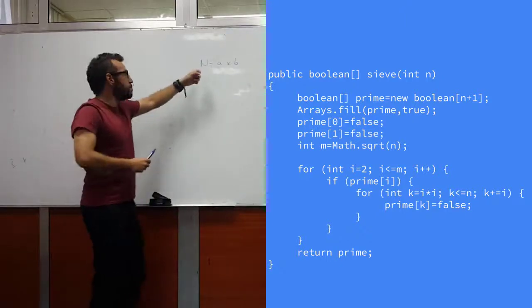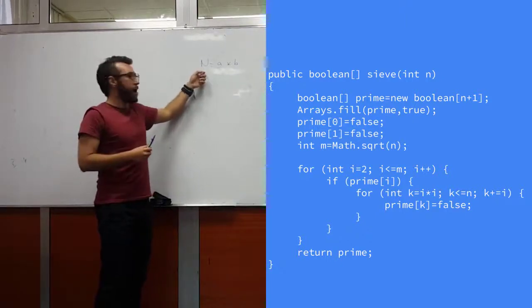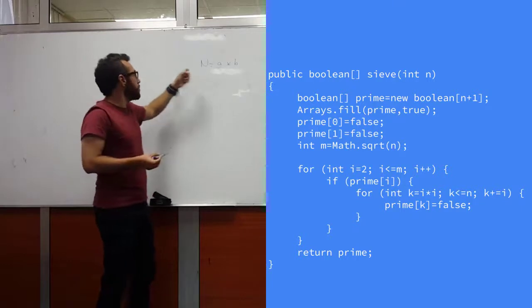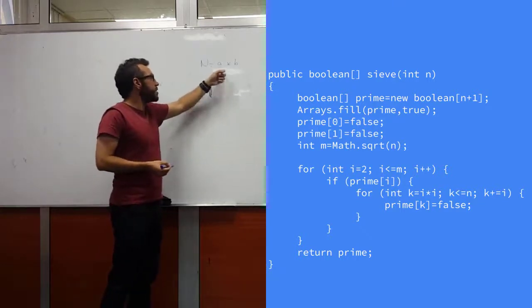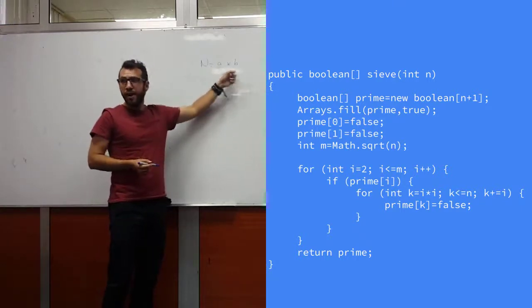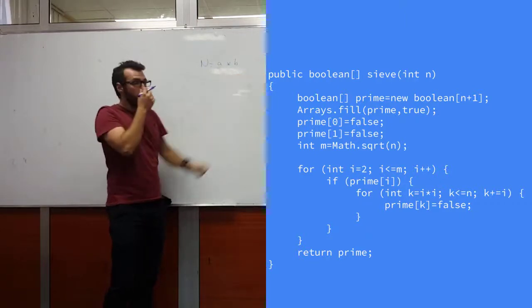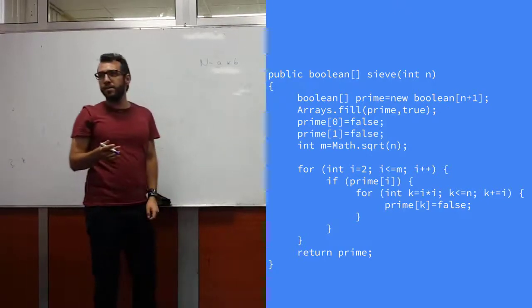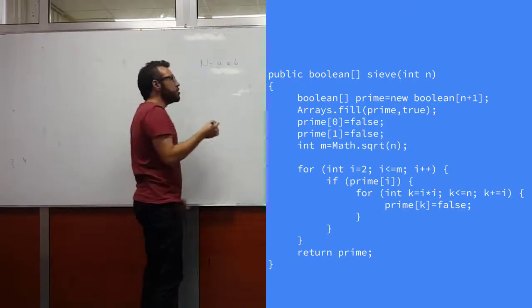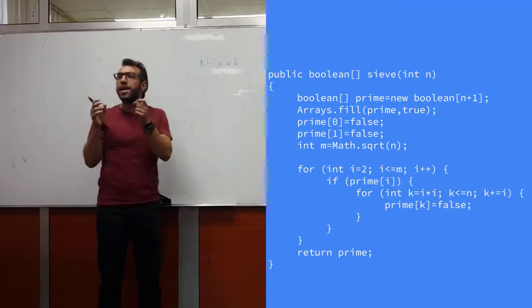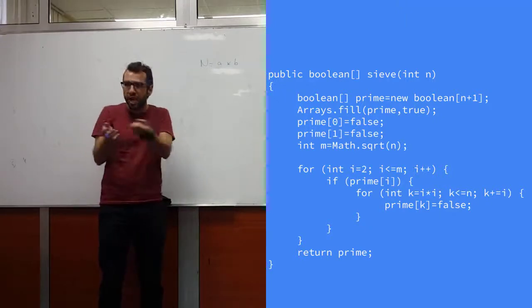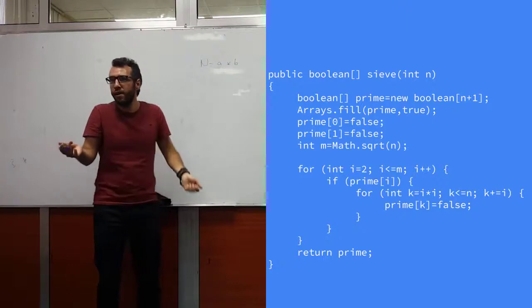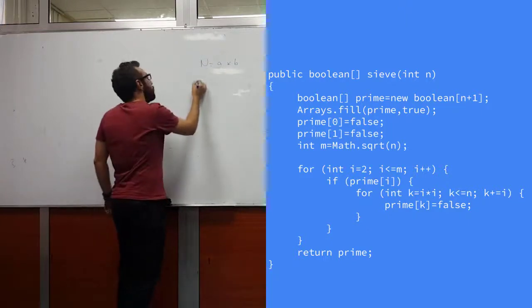If a number n is not prime, then we can represent it as a times b, with natural numbers where a and b are not equal to n or 1. So let's consider different cases. If we just check the minimum of a and b, that would be okay, right? Our example was 100.